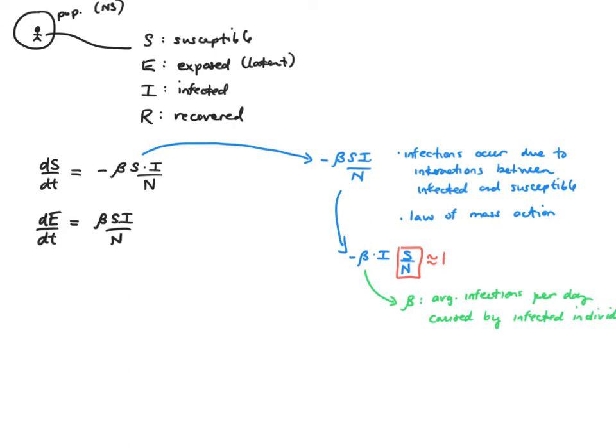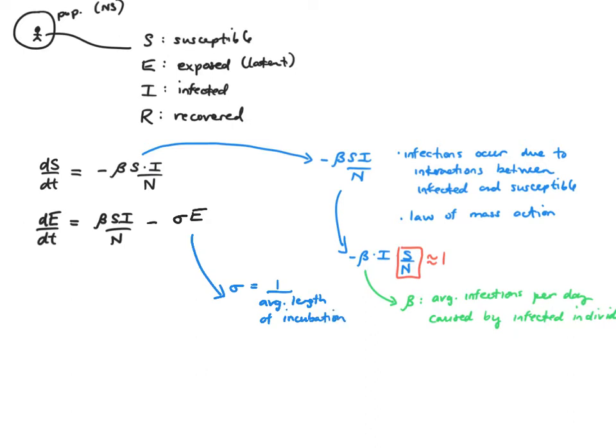All right, now the rate out of the exposed class is caused by people no longer being characterized as exposed, but being characterized as fully infected. And this is governed by, again, some rate, some proportion of the E class will be leaving, and we'll use a sigma to indicate that. Now, sigma is equal to 1 over the average length of, let's call it incubation.